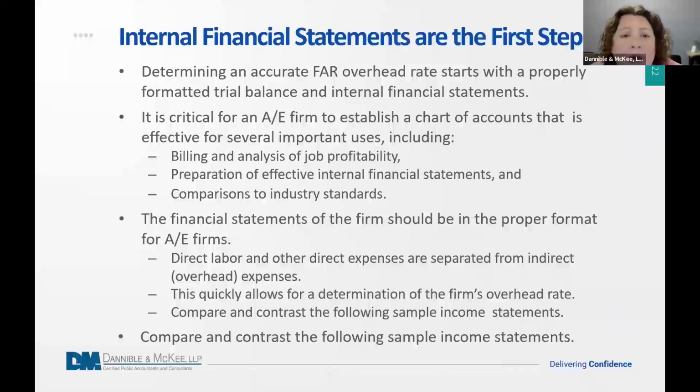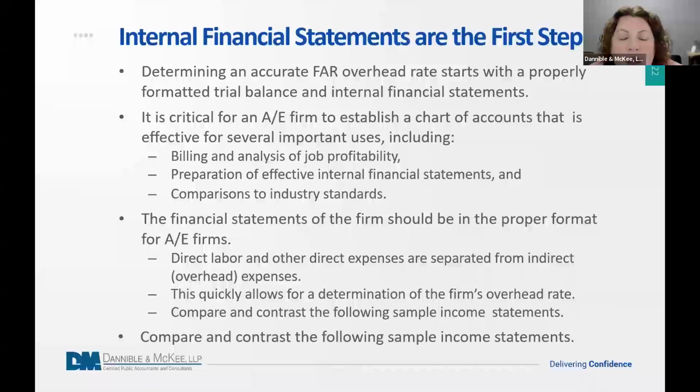Something that's really important is establishing a chart of accounts that includes billing and analysis of your job profitability, preparing effective internal control financial statements. And I think this is going to be really key too, within your chart of accounts, you're really breaking out your direct and indirect expenses.